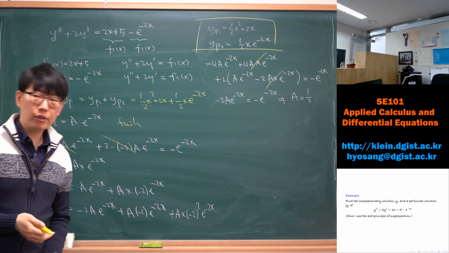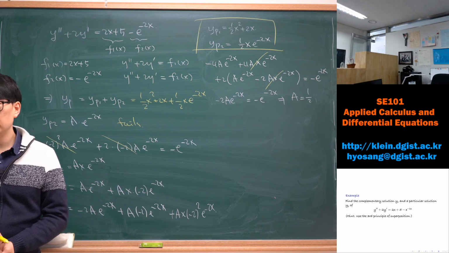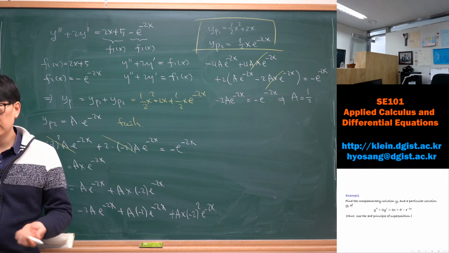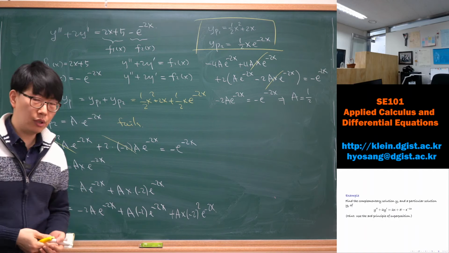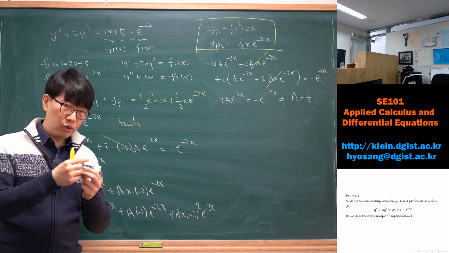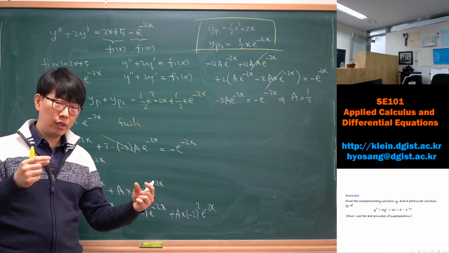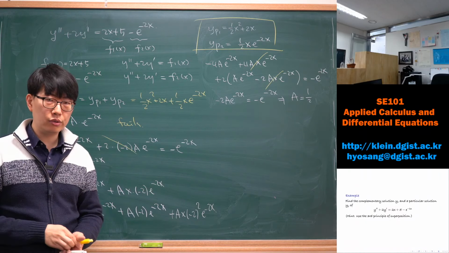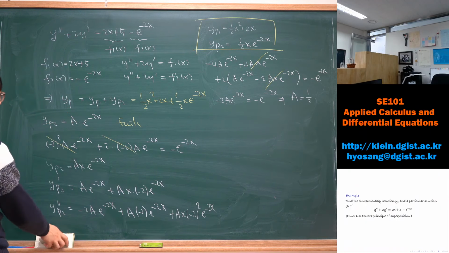the question is finding the complementary solution and the particular solution. So what's the complementary solution? The complementary solution is when you replace your non-homogeneous term with 0.